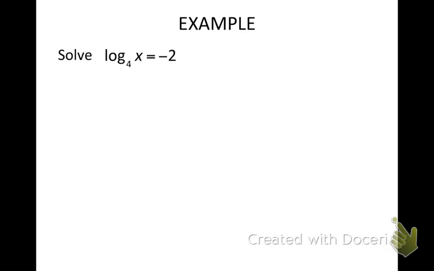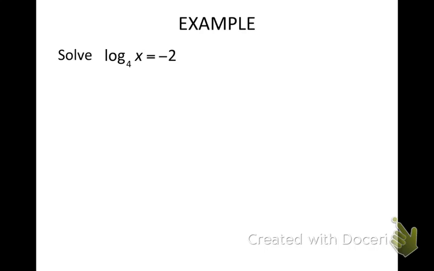So, log base 4 of x is equal to negative 2. I need to solve for x. It would be lovely if my x was over here, because then I could just think 4 to what power is this number, but that's not the case. Because it's in logarithmic form, to solve any equation you always do the inverse of whatever the operation is that is occurring. The inverse of a logarithm is an exponential.